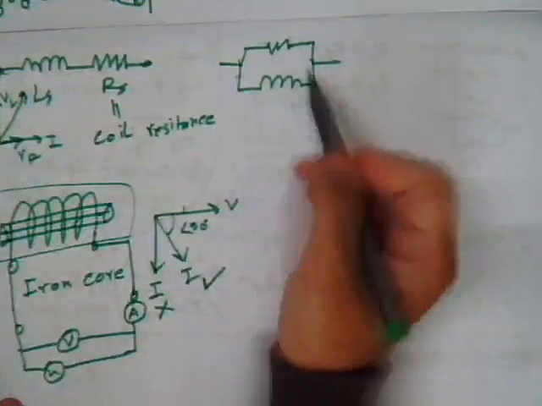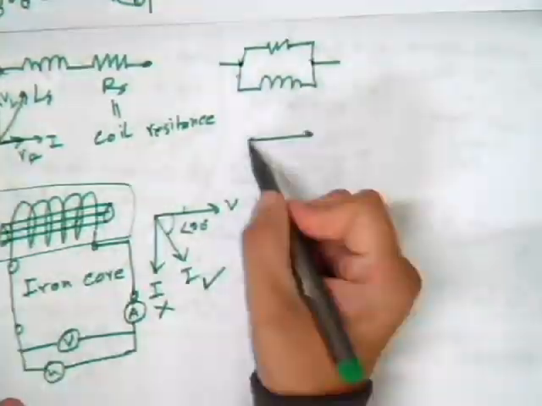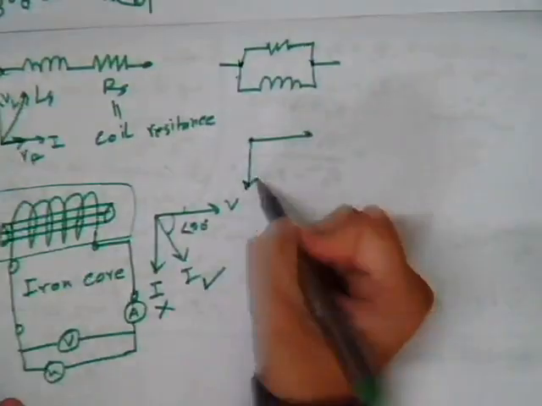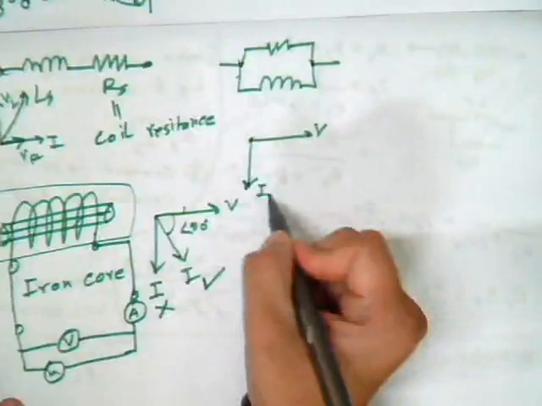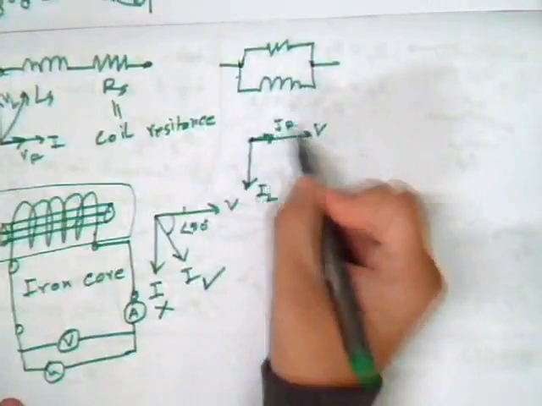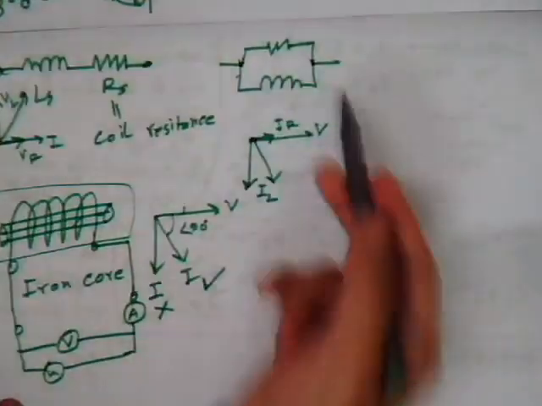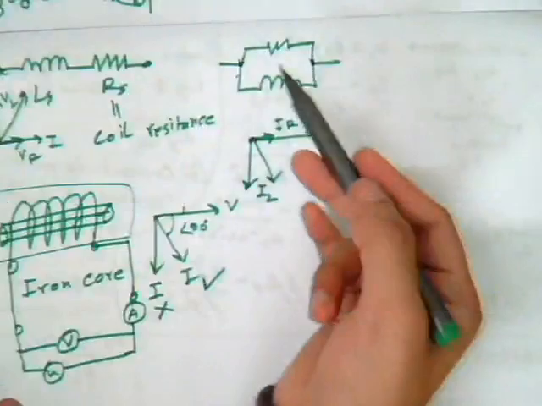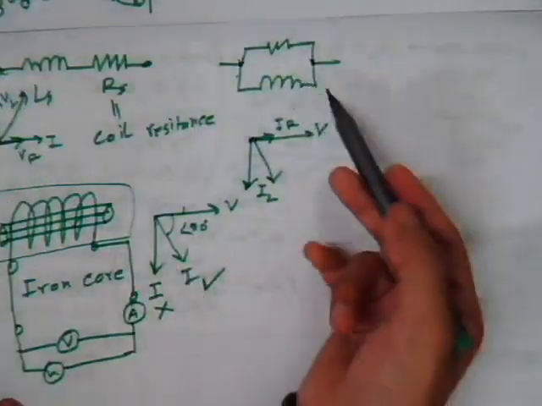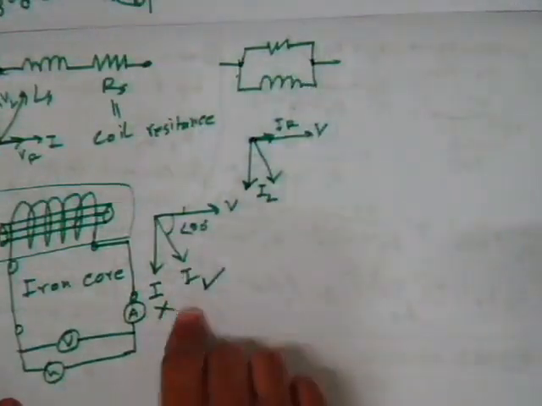Now here as well, if I consider the V here, then this is V, this is IL, and there is a current IR. So once again, V and I are not at 90 degrees. So both of them are fine to represent my observation which I have found experimentally.